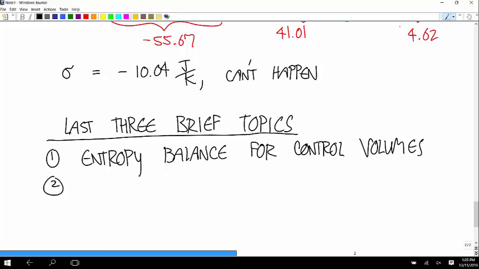And then we'll talk about isentropic processes. And actually, that example that we talked about last time that I didn't know how to solve in class, and that I talked about at the beginning of class today.